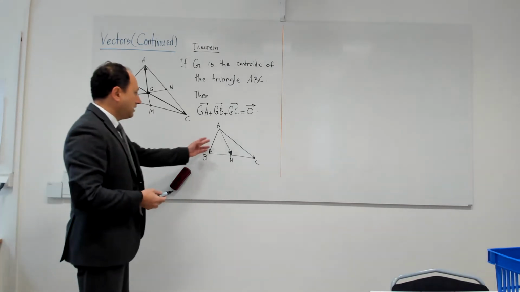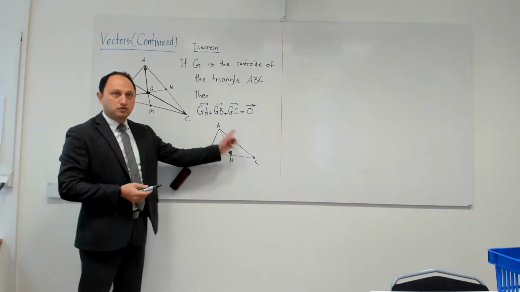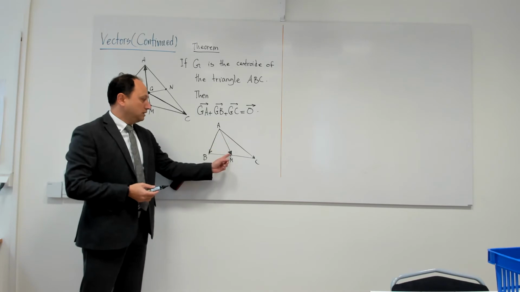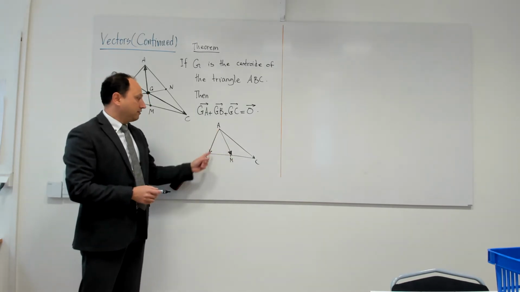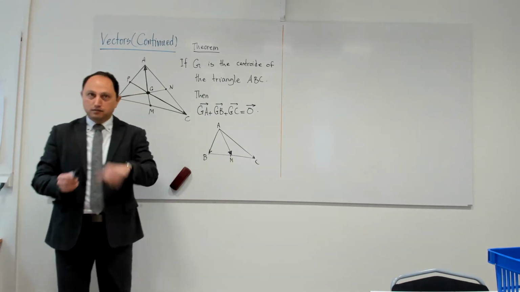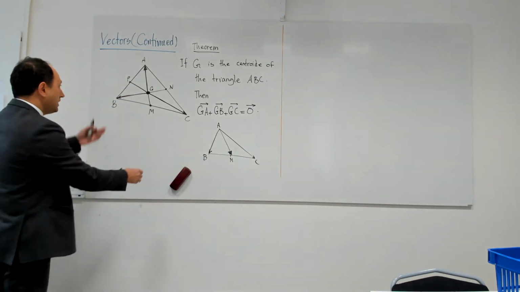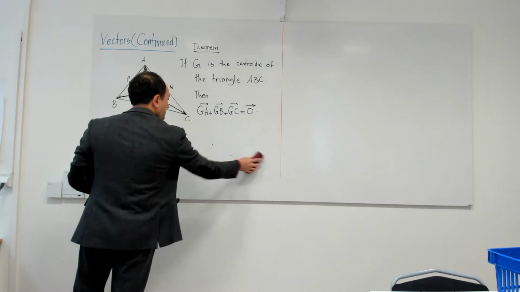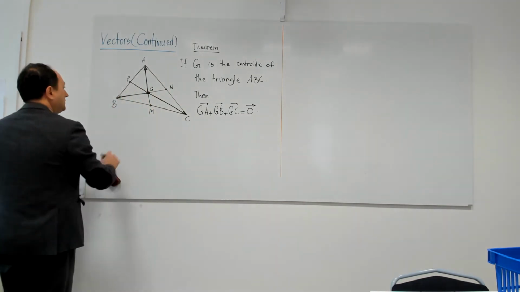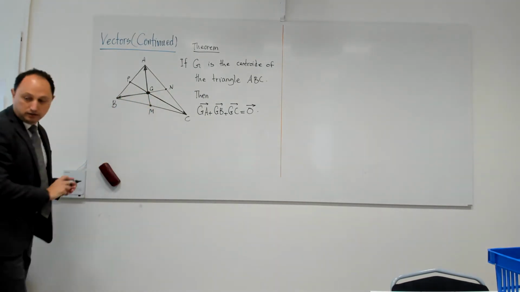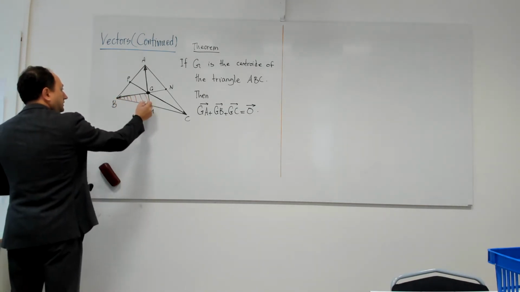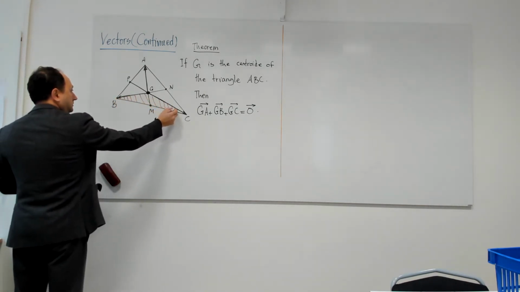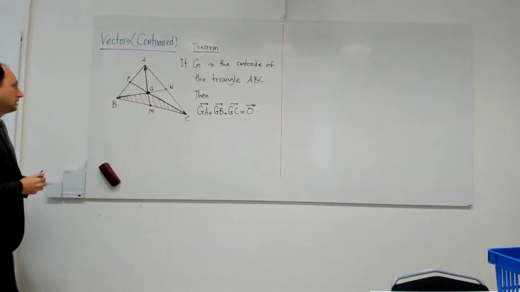So whenever you have this situation, that you have a triangle, and then you have the median of that triangle, this as a vector is the average of these two vectors, adding them, dividing by 2, okay? So if I go back to this picture, let us concentrate on this triangle first. Yes?